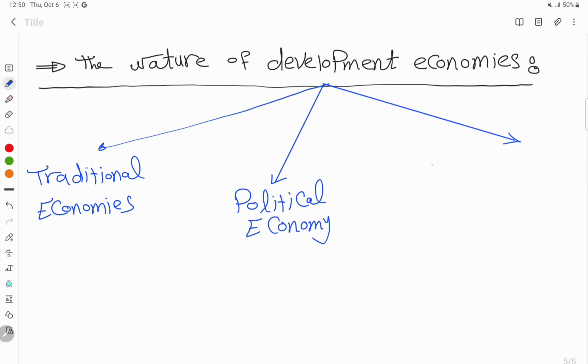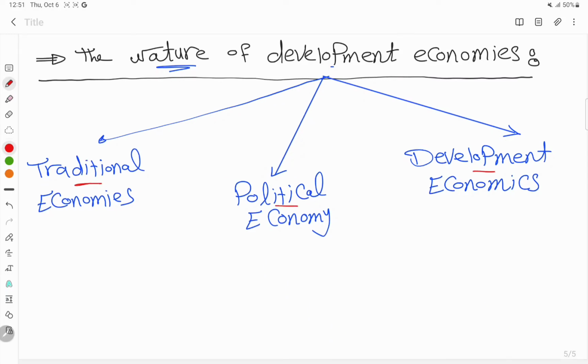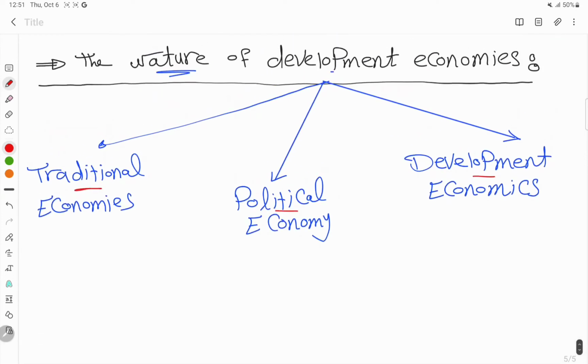And number 3 is development economies or economics. So, when we talk about the nature of development economies, we must talk about 3 economies: traditional economics, political economy, and development economics. What's the difference between these economics?